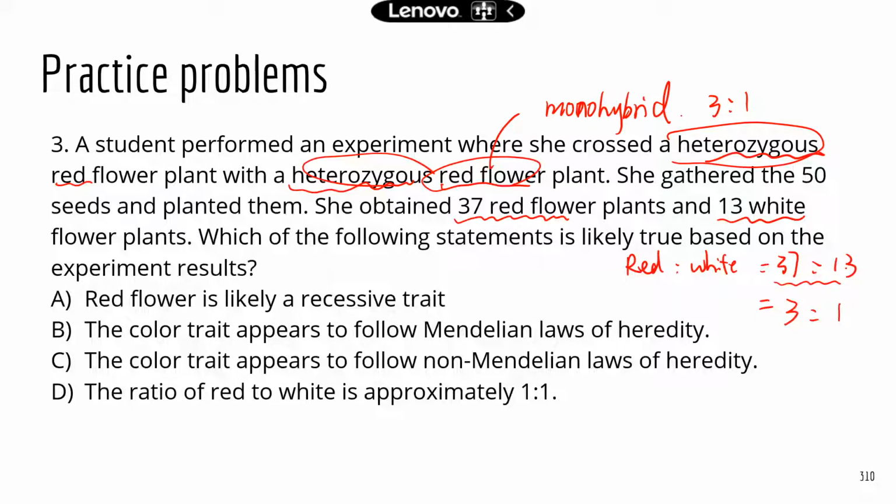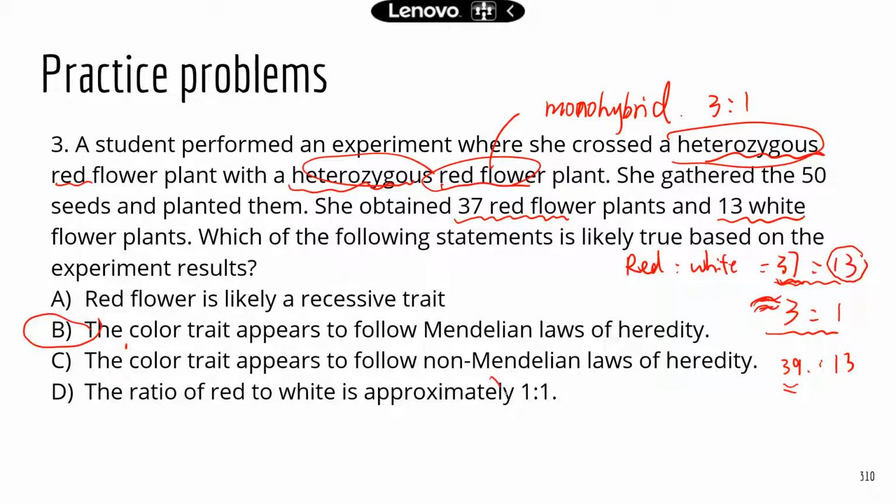I cheated a little bit because I know that 3 times 13 is about 39, and 39 is very close to 37. So the ratio is approximately 3:1. This means this particular trait, the color of the flower, does follow the Mendelian law of heredity. So the correct answer is B.